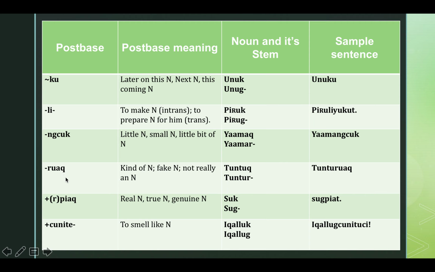If we look at chwak, chwak is a minus postbase, and it means to be fake or not really, kind of a. So we're going to add it to tunduk, which ends in a Q, so its stem ends in an R, and that is going to be tunduhwak.